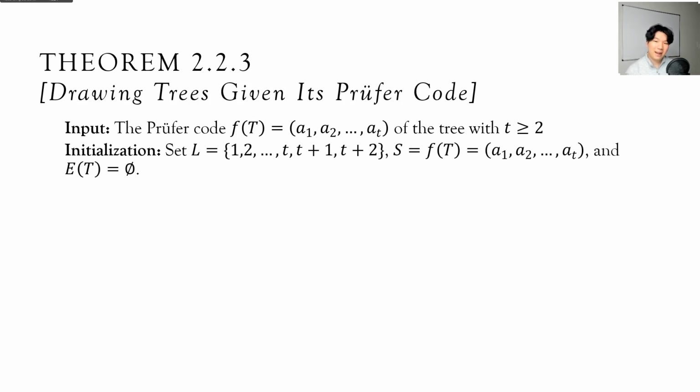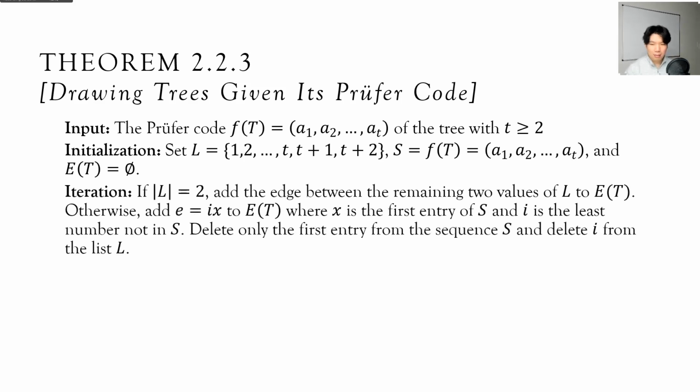So if my Prüfer code had, for example, 8 entries, the set L will be 1, 2, 3, all the way up to 10. And then the Prüfer code we'll keep the same in our initial step. And then my set of edges will be empty. My iteration says, and this is going to be very wordy, you're going to see what I mean by this a little bit more clearly when we look at the example.